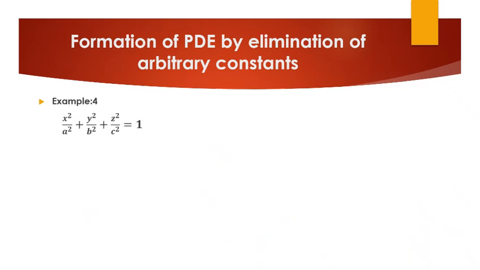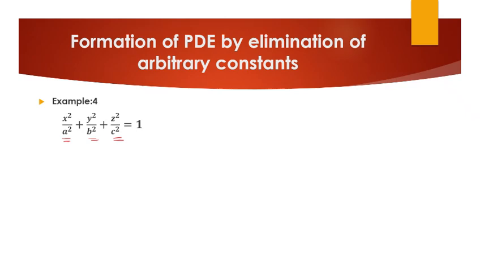See our next problem. Here we have our equation as x square by a square plus y square by b square plus z square by c square is equal to 1. In this equation we have three arbitrary constants. As I said already, if the given equation involves a number of arbitrary constants which is the same as the number of independent variables, the resultant PDE will be of first order.